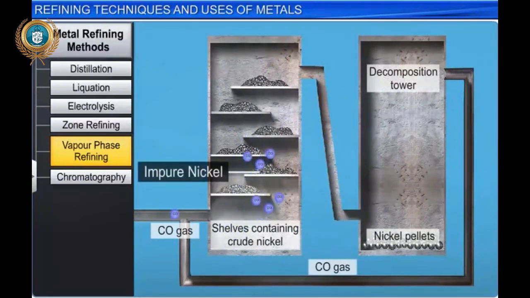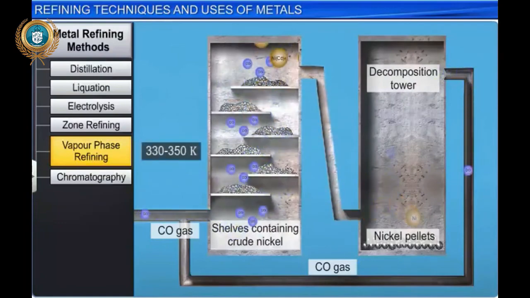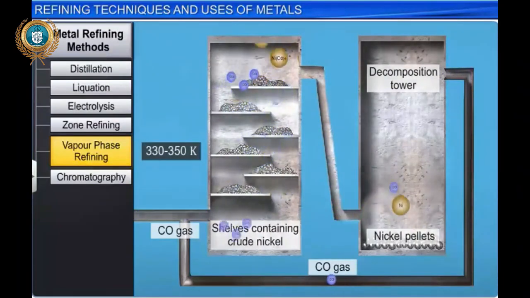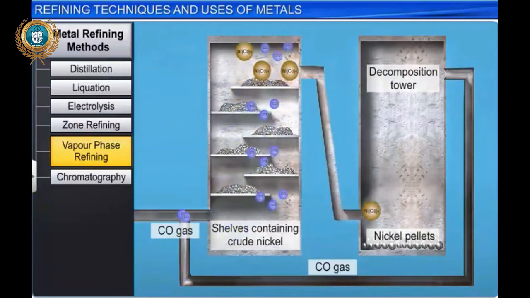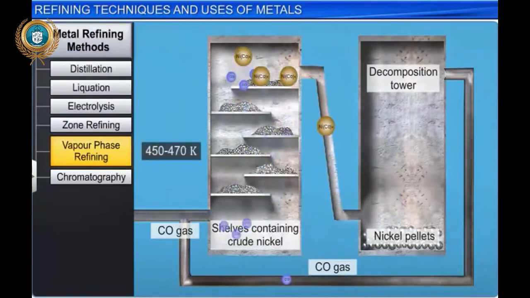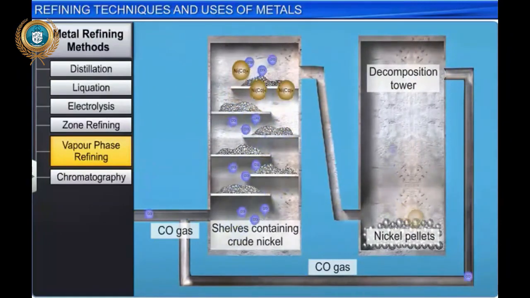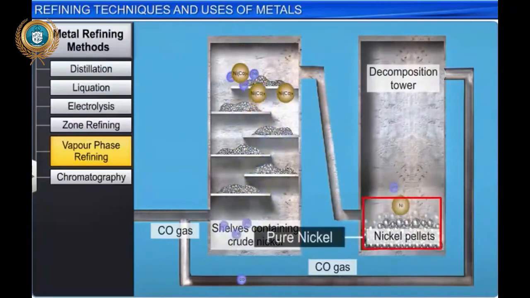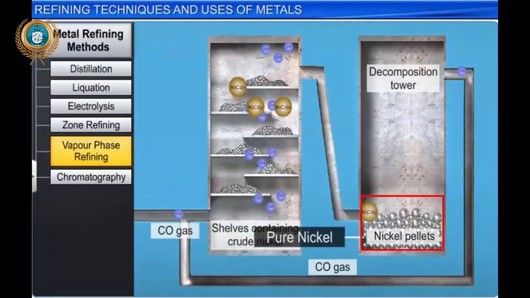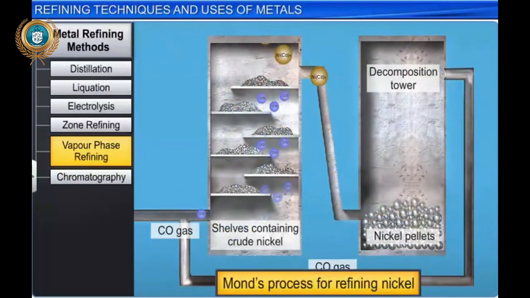Nickel reacts with carbon monoxide to form a volatile nickel tetracarbonyl complex at a temperature of 330 to 350 Kelvin. The nickel tetracarbonyl is then heated to 450 to 470 Kelvin, where it decomposes to give pure nickel and carbon monoxide. This method is known as the Mond process for refining nickel.